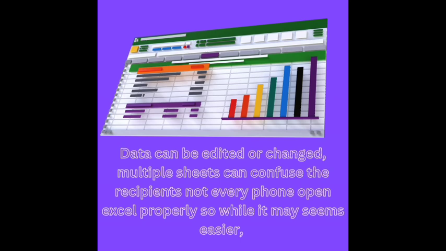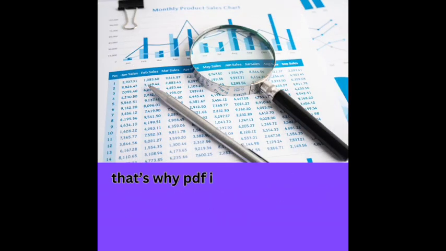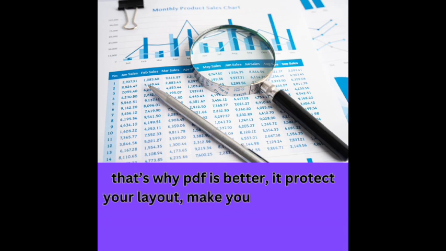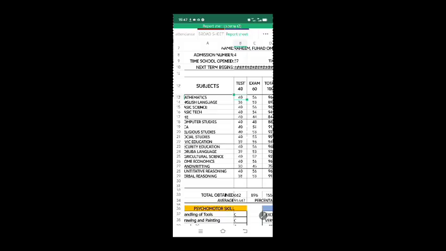So, while it may seem easier, sharing Excel files directly can lead to errors, miscommunication, or even data loss. That is why PDF is better. It protects your layout, makes your file readable across all devices, and locks in your formatting.